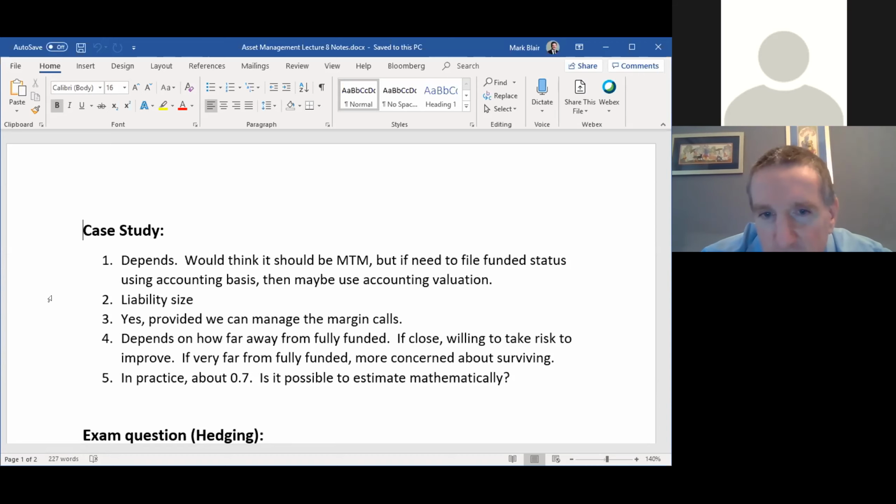And then the question is, can you estimate this mathematically? You can do an exercise by considering the volatility of your liabilities, and then imagine adding a hedging position, and that hedging position will have two effects.